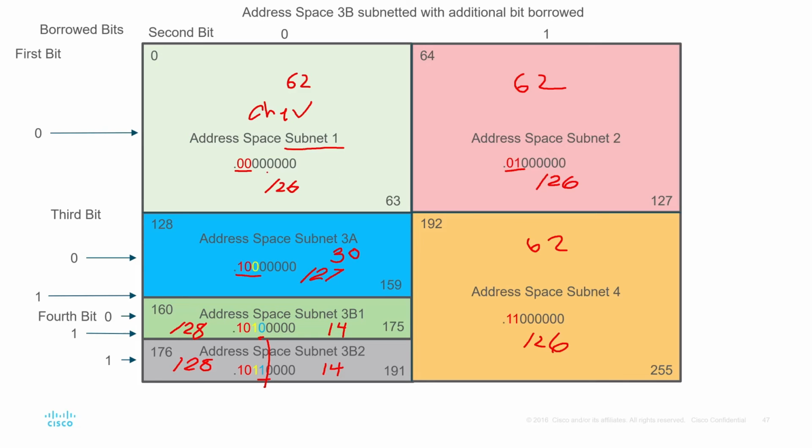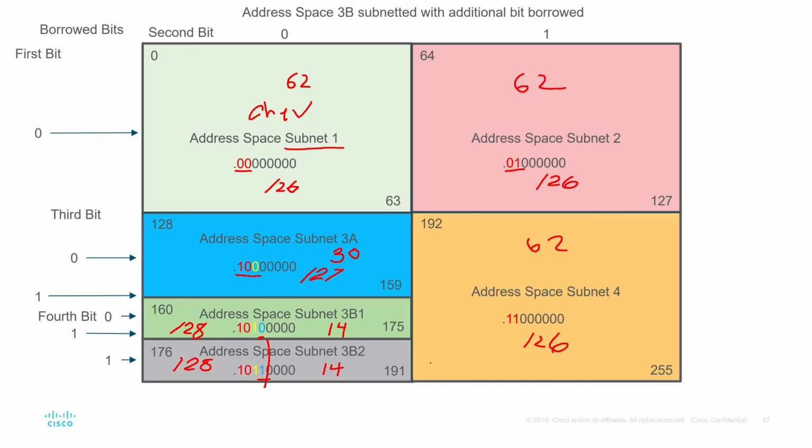And they subnet this using additional bits to East Coast, West Coast, Northern, Southern. They divide it up to make their network arrangement work for their business structure.